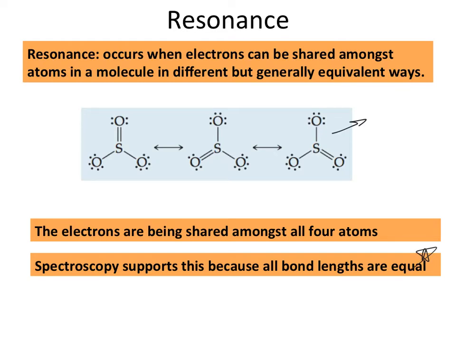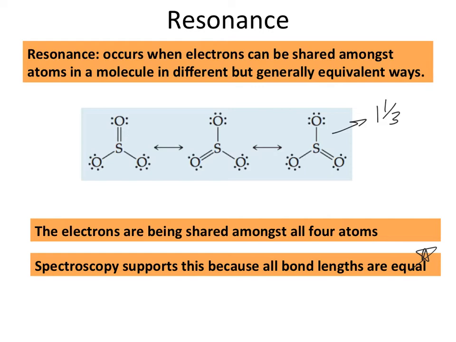We don't see 2 single bonds and a single double bond. What we actually end up seeing is a bond peak for basically 1 1/3. So resonance shows up in molecules that can have multiple bonds to various atoms that are interacting in a compound.